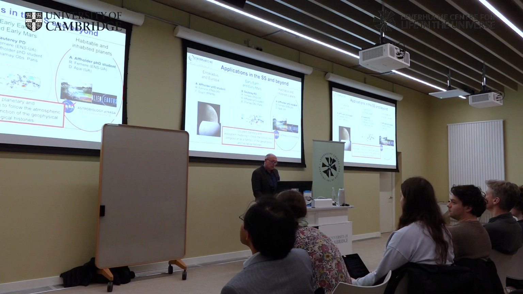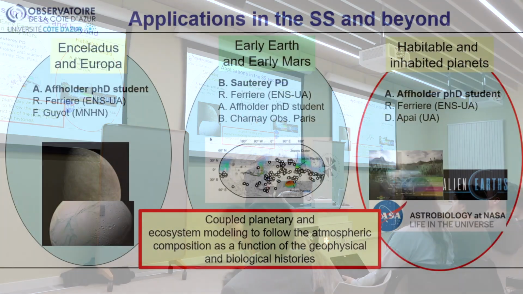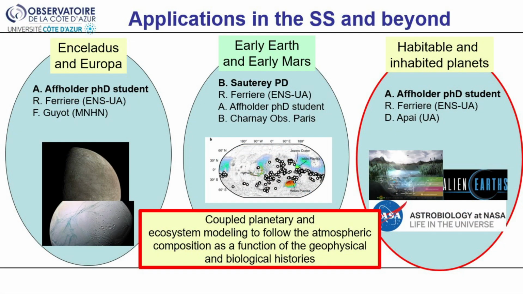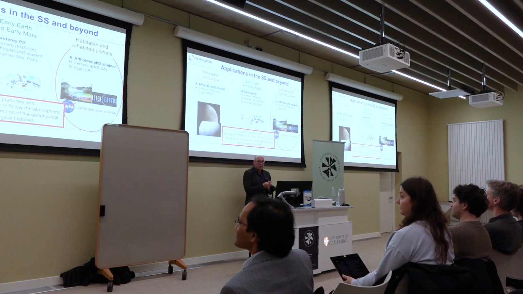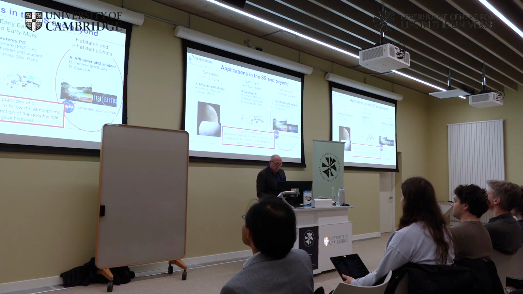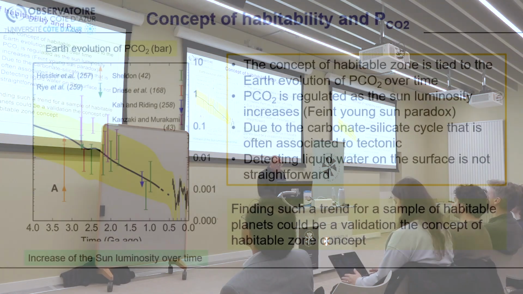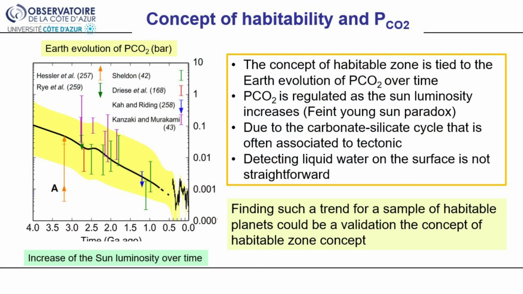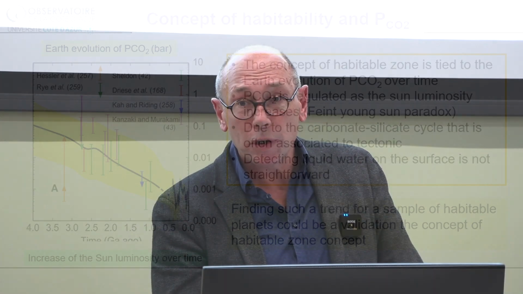Okay, so let me finish, I still have a few minutes. Let me finish with the last application we did of the model, which is to look at habitable planets. And this time we put in biology, but I'm going to concentrate on trying to validate habitability. So I come back to my graph that I showed you before. If you look at the Earth's evolution of PCO2 over time, you see you have a drop of concentration of CO2.